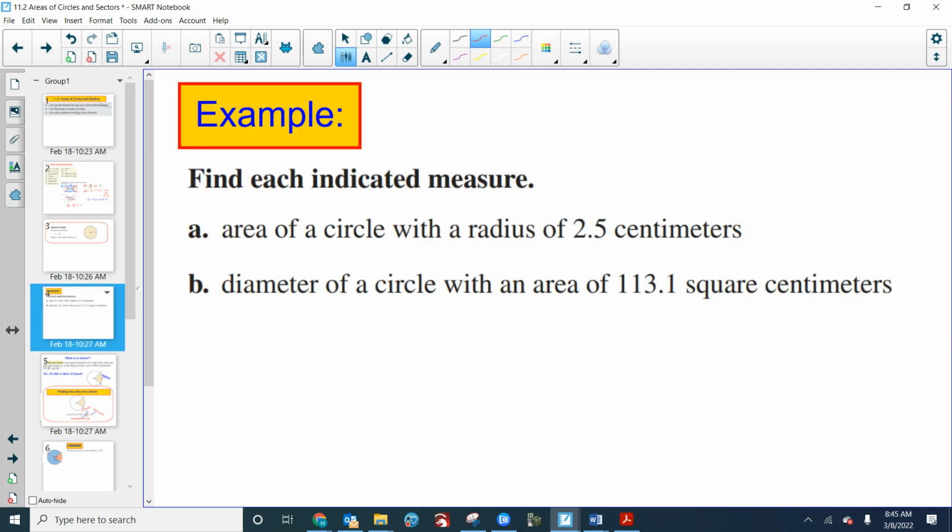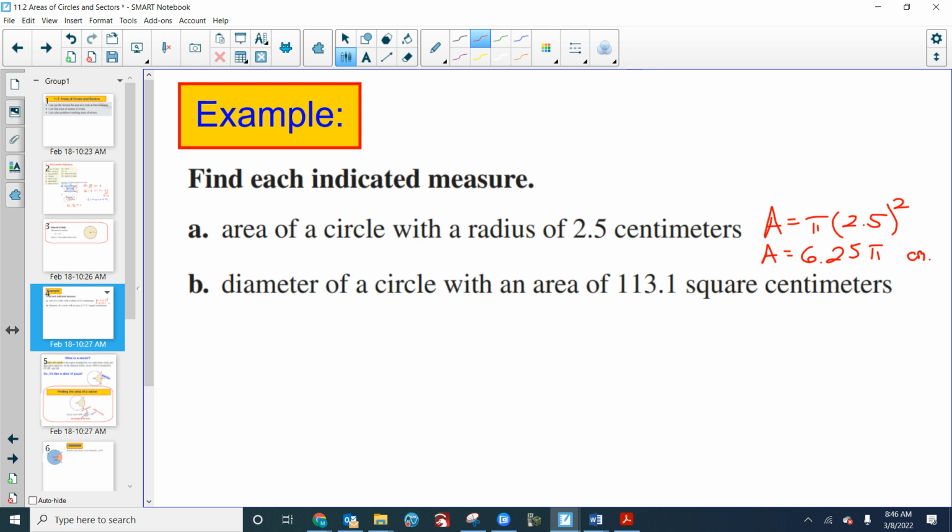Let's do an example. Area of a circle with a radius of 2.5 centimeters. So area is pi times 2.5 squared. You're going to want a calculator. If we write our answer in terms of pi, I would do 2.5 squared, which is 6.25 pi. And what would the units be on that?